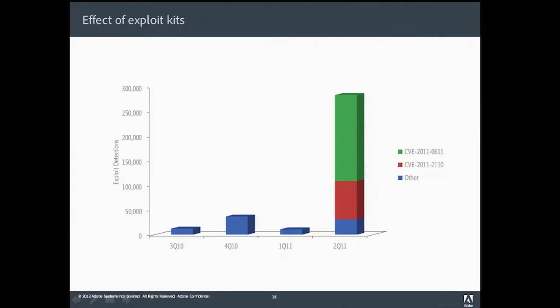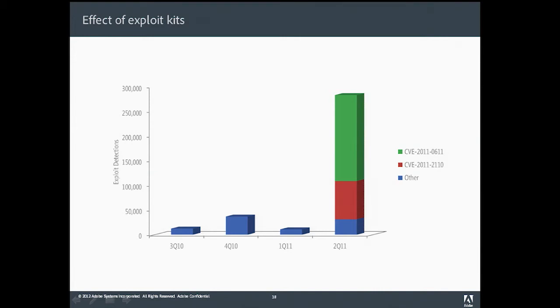Before that, out on the internet, you would see very limited instances of these attacks against Flash Player. But as soon as it got put into an exploit kit, the number of attacks against end users in the wild jumped dramatically. So this was a significant change. It changes how many people are going to be affected by the flaws in your software, and what the internet community is going to have to do to protect themselves.